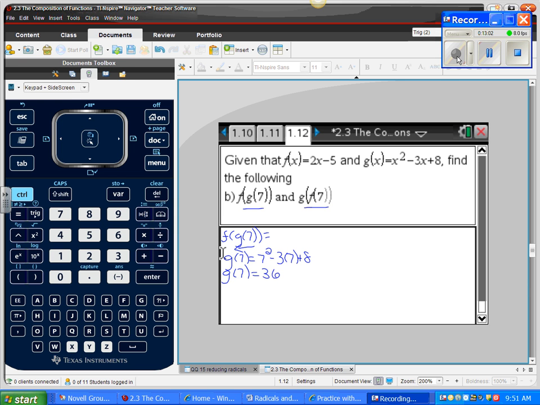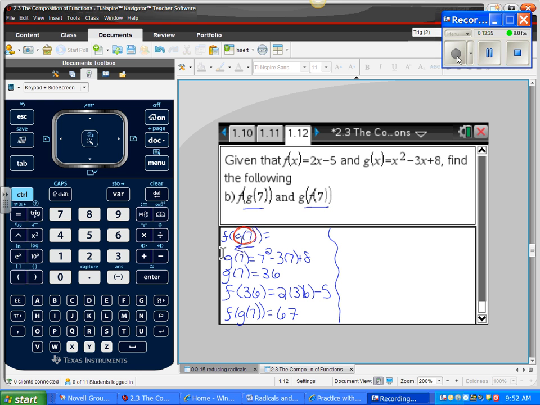And now because we know what g of 7 is, we're going to plug that in for f. So f of 36. 2 times 36 minus 5, which is going to give us a value of 67. Okay, so there's f of g of 7.